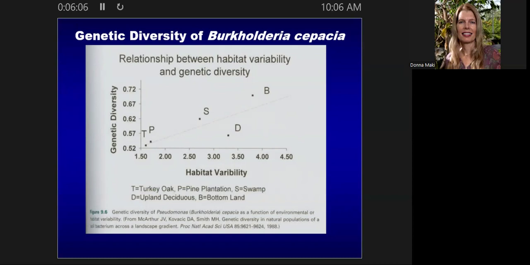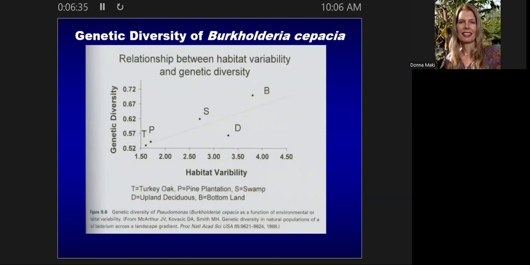positive correlation, right? It's going up with the greater variability, greater genetic diversity, greater variability, greater genetic diversity. And so when they drew the regression line, you can see that there's a nice positive correlation. So again, just trying to show that I didn't know bottomland was so diverse in terms of variability, but I guess it is.